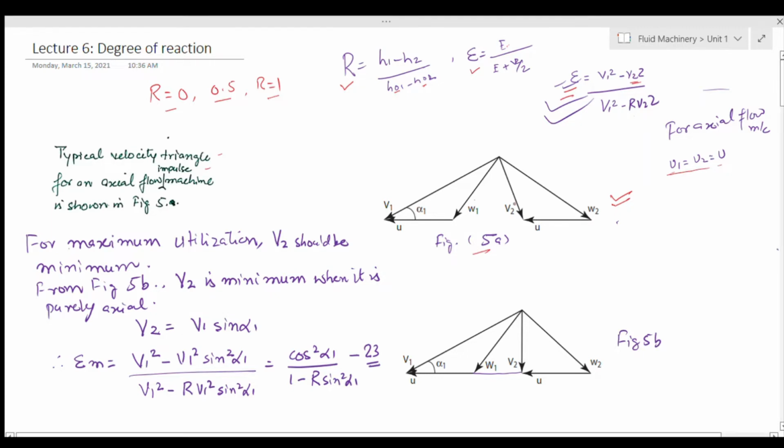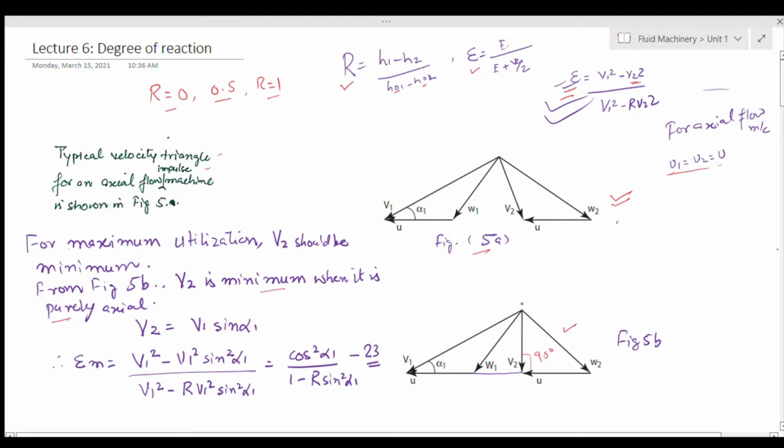We can't have V2 to be 0, और ये last class में हम discuss भी कर चुके हैं कि एग्जिट पे कुछ तो हमको काइनेटिक एनर्जी की ज़रूरत होगी. अगर फिगर 5a और फिगर 5b को देखेंगे तो समझ में आएगा कि मिनिमम V2 हमको मिल सकता है जबकि V2 एक्सियल हो, यानी कि V2 और U के बीच का एंगल 90 डिग्री हो. So for maximum utilization, V2 should be minimum. From figure 5b, V2 is minimum when it is purely axial.